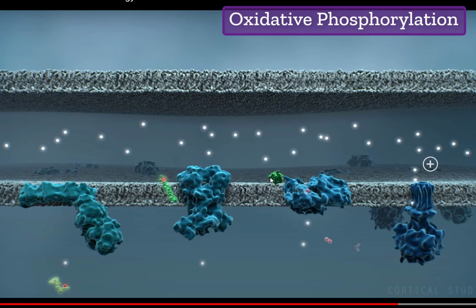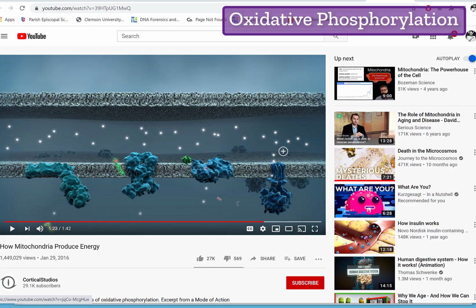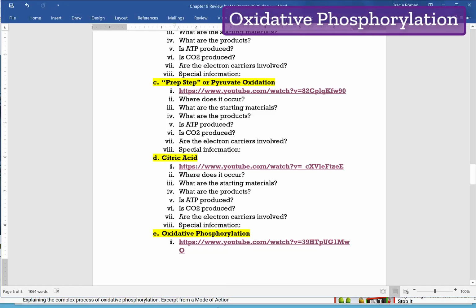You have to have both, because the electron transport chain sets up the gradient that is necessary for ATP synthase to function. You can kind of think of it as an on and off switch. All right, let's go back to our study guide.